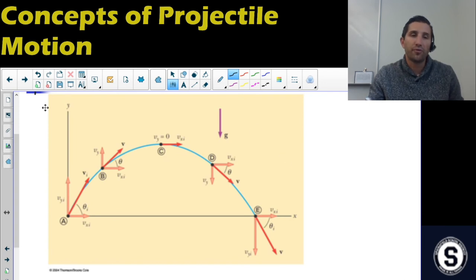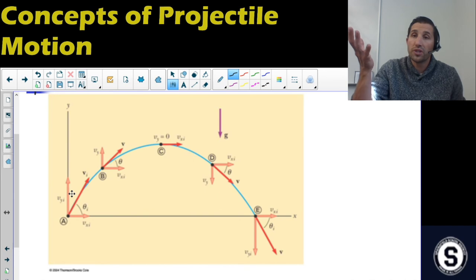But vertically, it does change. Look how long the vector is at the beginning. It gets shorter here. It's actually 0 here. Now it becomes negative, and now it becomes even more negative. Think about why. Here it is, gravity. Gravity is acting on this vertical motion.